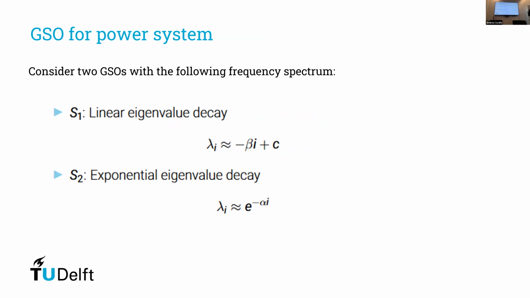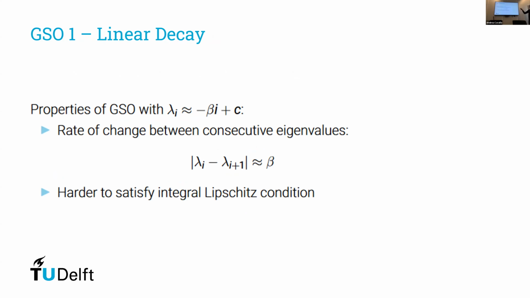So let's consider two examples, or two GSOs, with the following spectrum. The first has a linear eigenvalue decay, and the second has exponential eigenvalue decay. In the case of the first GSO that has a linear eigenvalue decay, the rate of decay between consecutive eigenvalues can be given in that way.